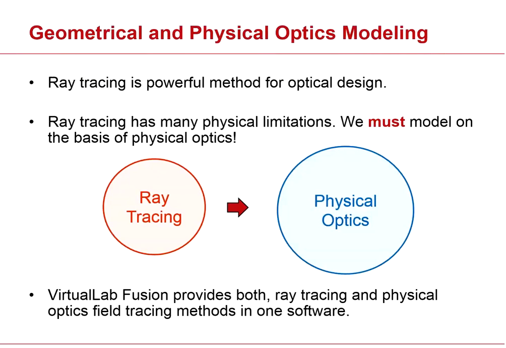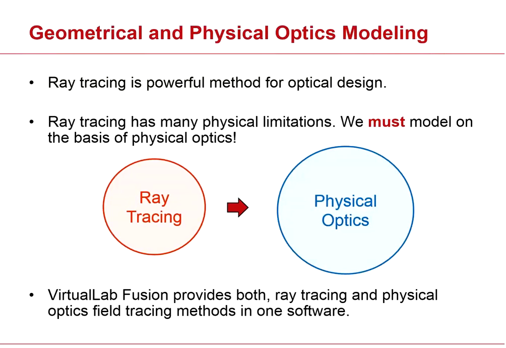So what is special about VirtualLab is really that we have started more than a decade ago to offer physical optics modeling, and recently we have also added a ray tracing engine to the software, and both together are very, very strong to tackle problems from these different fields of applications.